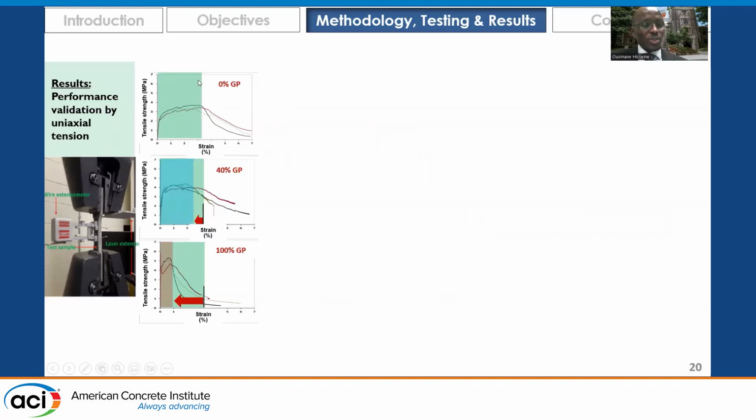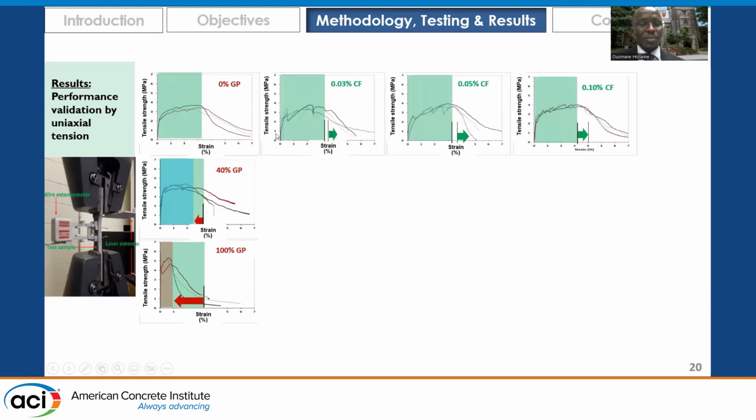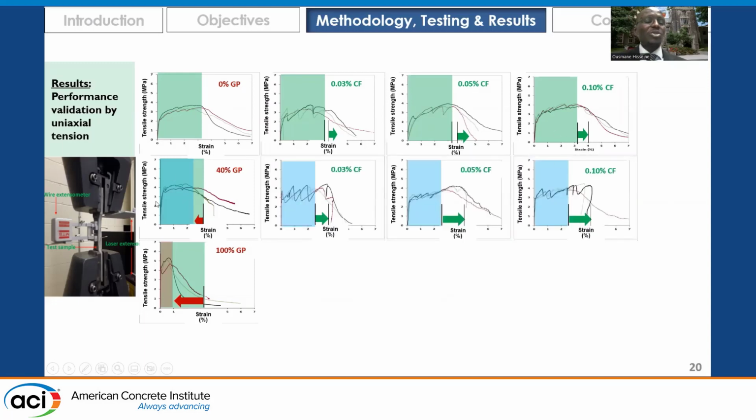Prior to adding cellulose filaments, we are at this scale, and by adding cellulose filaments, you can see here that the tensile strain capacity has changed significantly, particularly in systems which were originally brittle. 40% and 100% ground glass systems were significantly brittle in the beginning, and adding the cellulose filaments did a twofold effect on the matrix by making the matrix more ductile, and also on the interface by creating a polymeric interface between the PVA fibers and the matrix.